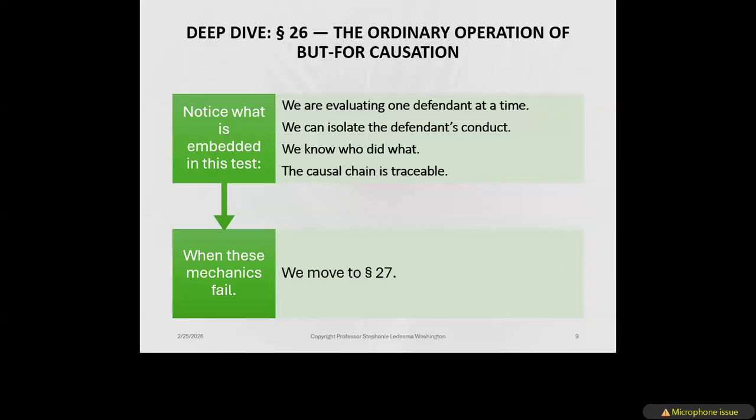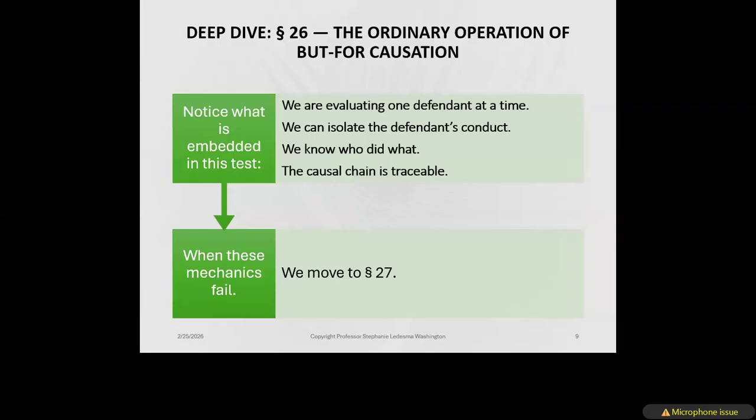Notice what's embedded in the Section 26 test. We are evaluating one defendant at a time. We can isolate the defendant's conduct. We know who did what, and the causal chain is traceable.